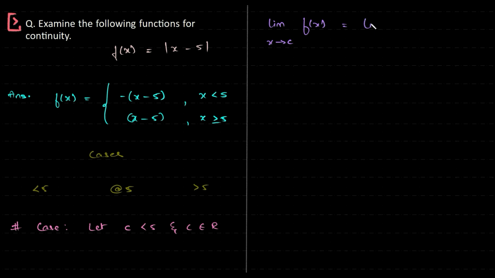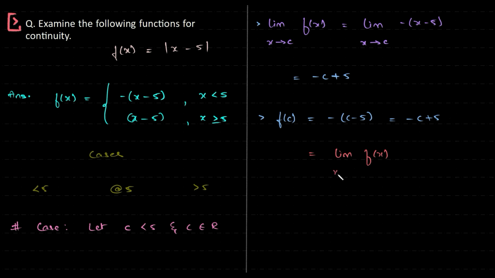So we have limit minus of x minus 5 as x tends towards C. This will be minus C plus 5. It's a bit of simplification, that's it. Now, f of C in this case would be minus C minus 5, that is minus C plus 5, which is equal to the limit f of x as x tends towards C.